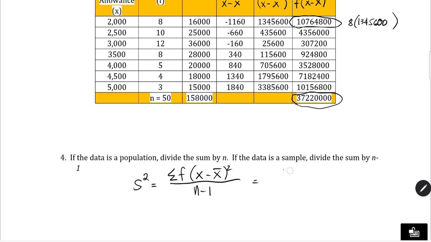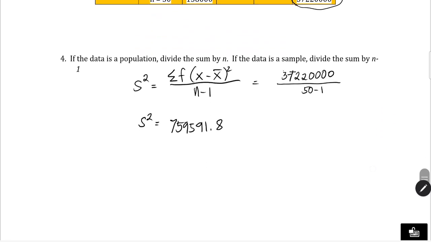So here we now have 37,220,000, and we divide this by 50 minus 1, or 49. So from our calculation, we have S squared, or the variance, is equal to 759,591.8.